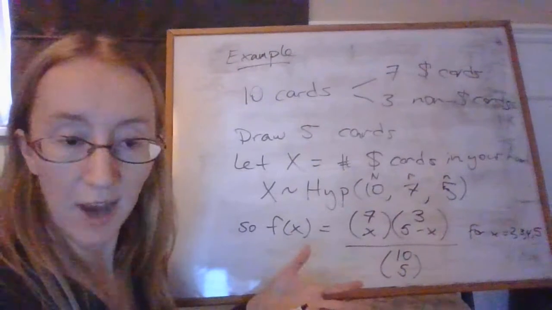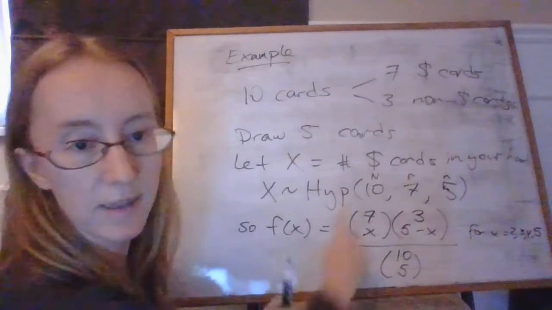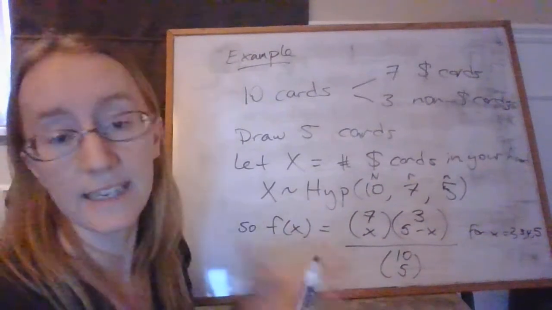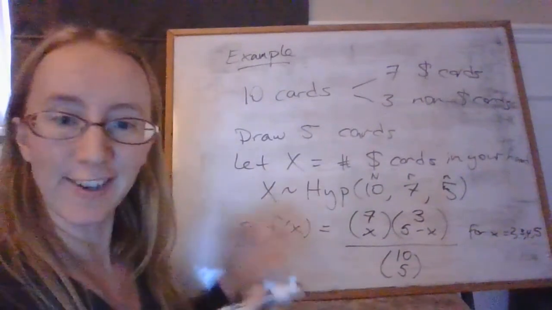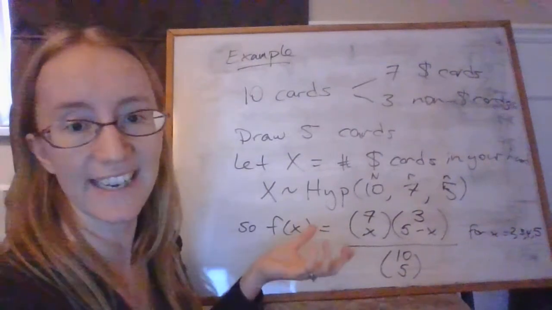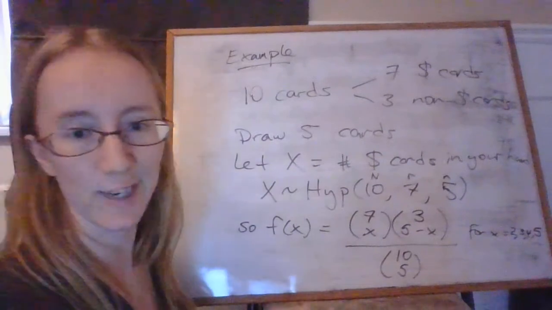If you want to double check, you can calculate this expression for each of those 4 values, 2, 3, 4, and 5, and they will indeed add up to 1. In fact, it's guaranteed that they'll add up to 1 because of the hypergeometric identity from section 4.6.